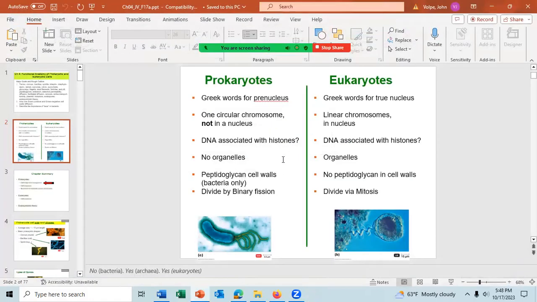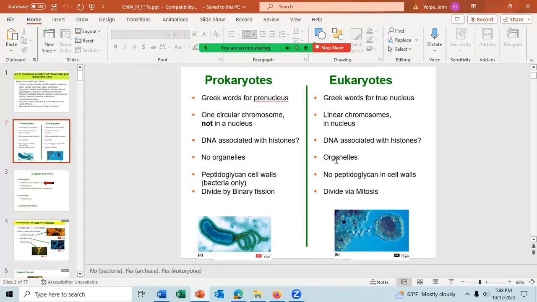There are no organelles in a prokaryote cell. By organelles, we mean membrane-bound organelles, such as the mitochondria, the chloroplast, the Golgi body.